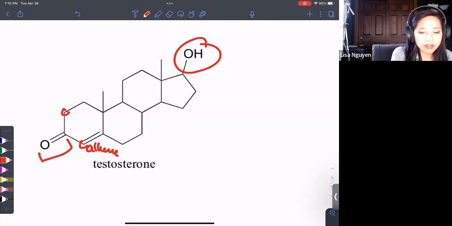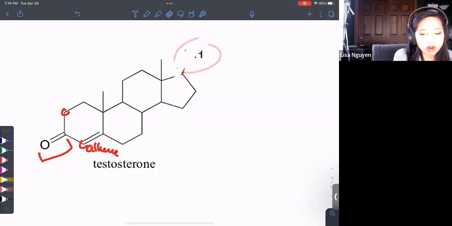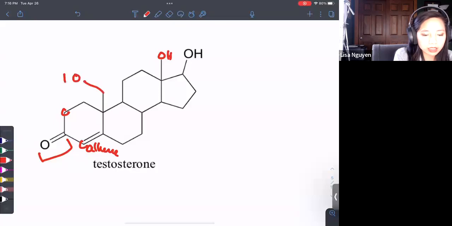All right. And then we have an alcohol here, but what kind of alcohol? Is there a special name for this alcohol? What makes this alcohol different from what if I had an alcohol like right here? Or if I had an alcohol like here? So this is a secondary alcohol because the carbon it's attached to is attached to two other carbons.